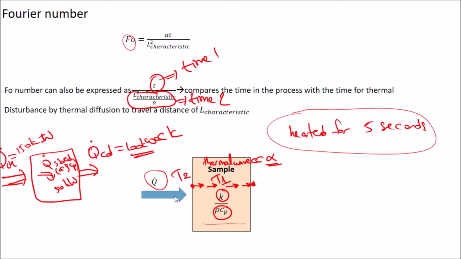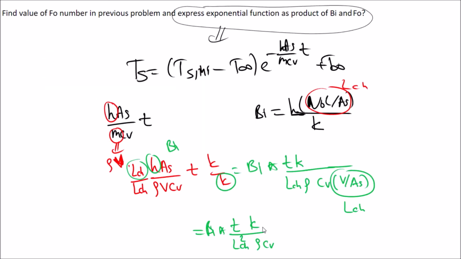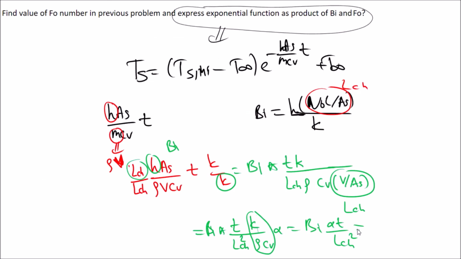So if you go back to here, we have the C_v by K, and this one is exactly K over rho C_v, and this one is alpha, and you will get Biot times alpha t by L characteristic squared. Go back to here, alpha t by L squared is exactly the Fourier number, so Biot times Fourier number.